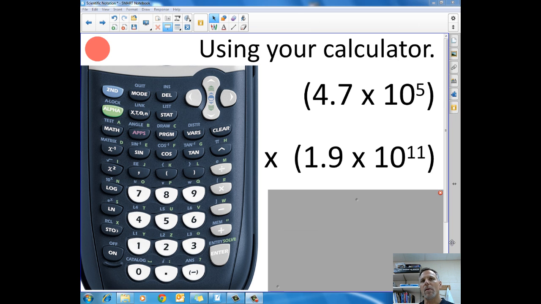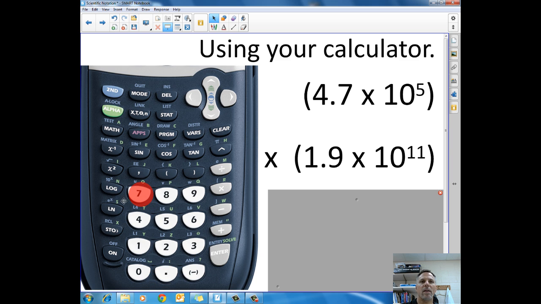So let's go ahead and try this problem. Go ahead and actually do this on your calculators. Don't just watch the video. Take your calculators out and do this problem. Go ahead and take 4.7, and so do that by pressing 4, point, 7.